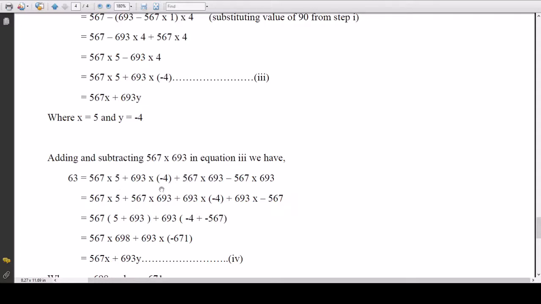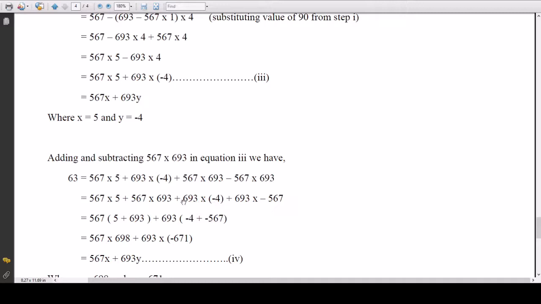Take the first two, 567 multiply 5 plus 567 multiply 693, and then the second two numbers, 693 multiply minus 4, plus 693 multiply minus 567. Why are we interchanging here?